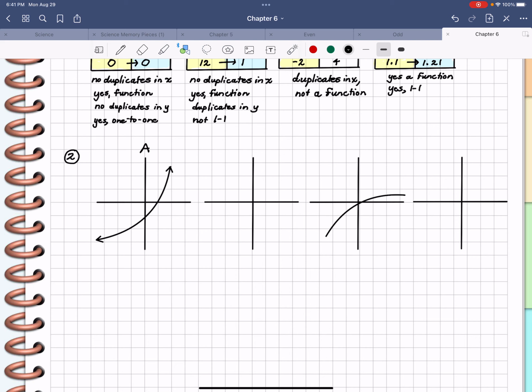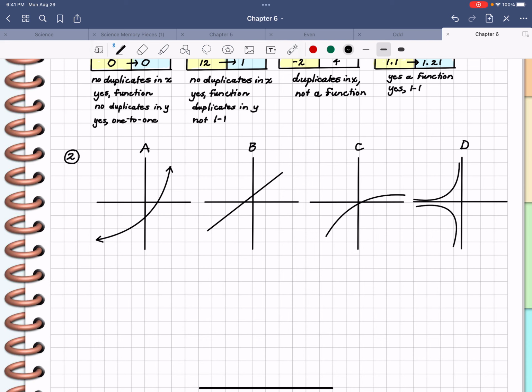Graph B is linear, but it doesn't pass through origin. It's going to have a positive slope. And then graph D looks like, this is a cool graph, something like that. So let me give you a time to sketch those, and then we'll put this here.